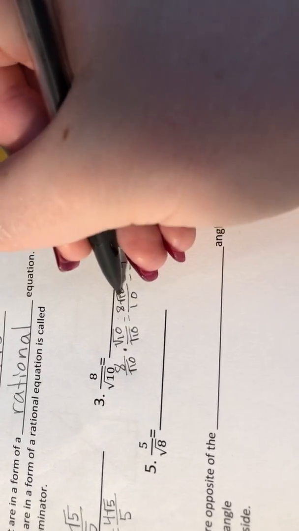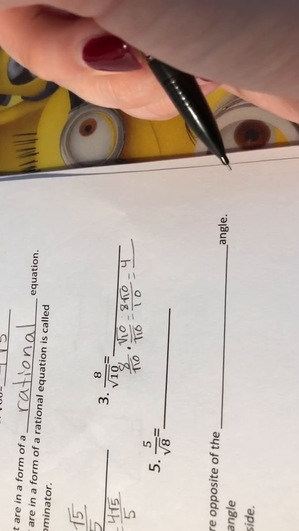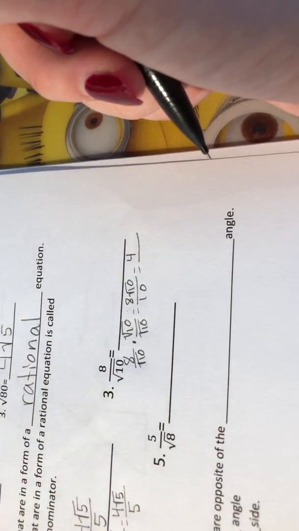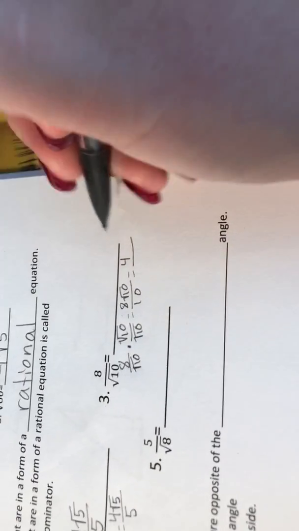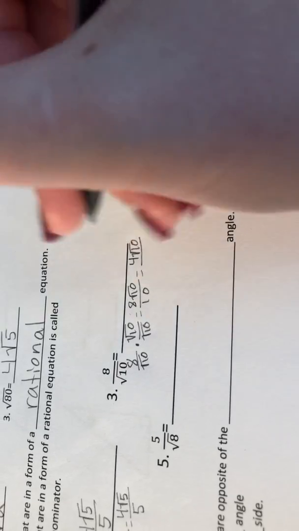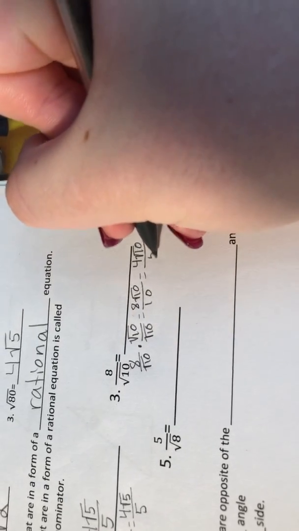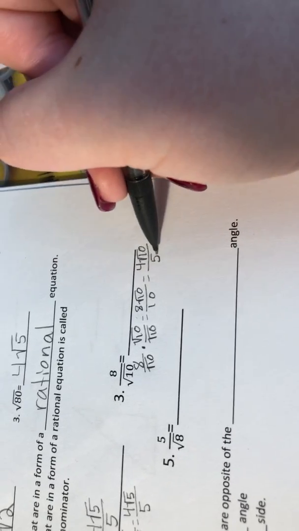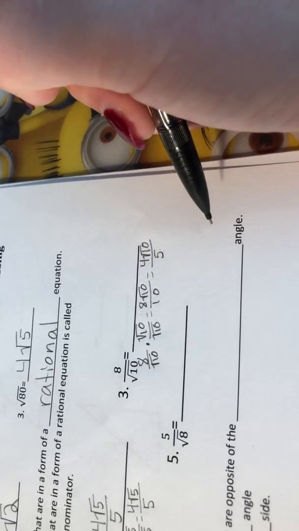When I'm simplifying, I do not simplify this square root. Cannot simplify the square root unless there was another square root at the bottom with the same thing. So I have the square root of 10 still. And we're dividing by 2, so 10 divided by 2 is 5. Now looking at this 4 and 5, can we simplify this further?